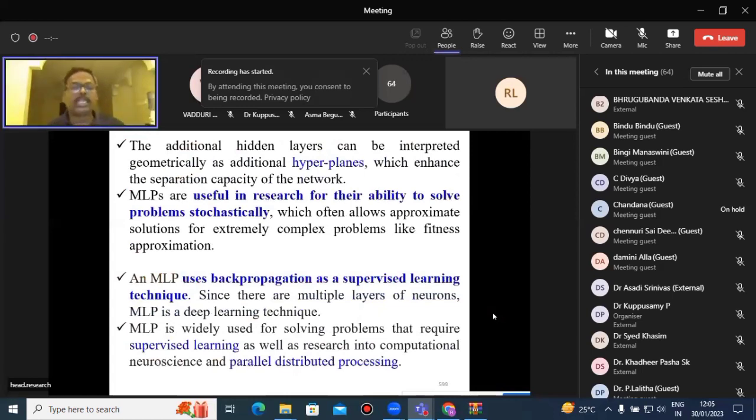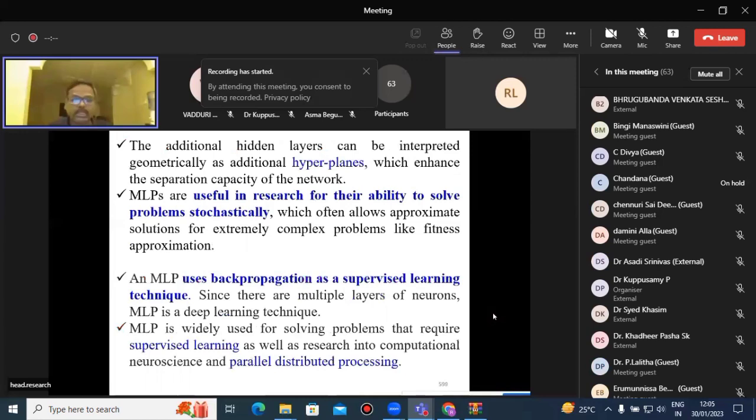Multi-layer perceptrons are useful in research for their ability to solve problems stochastically, which often allows approximate solutions for extremely complex problems like fitness approximation.